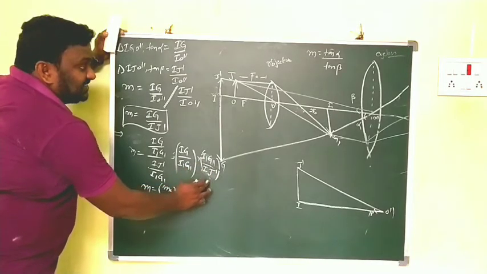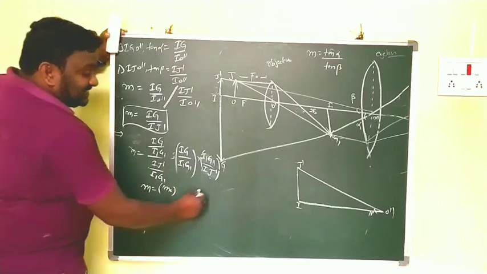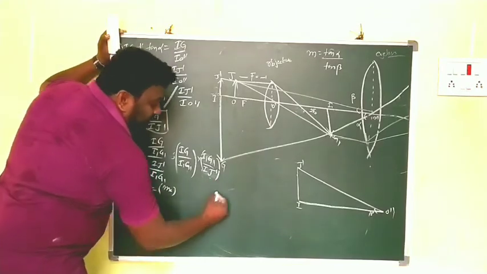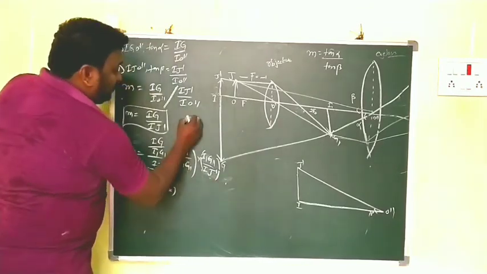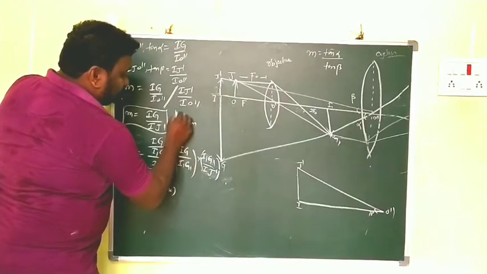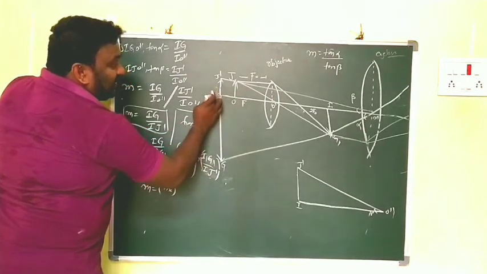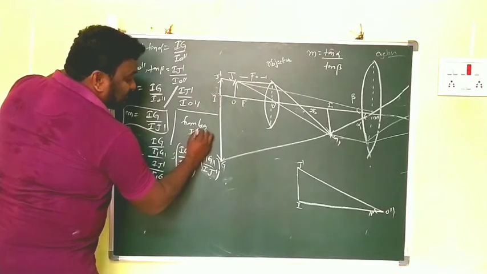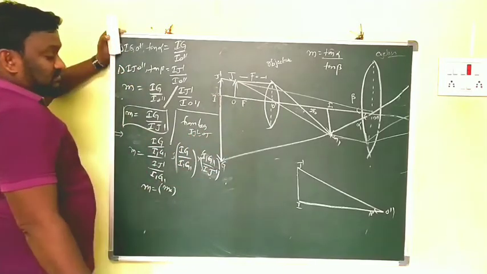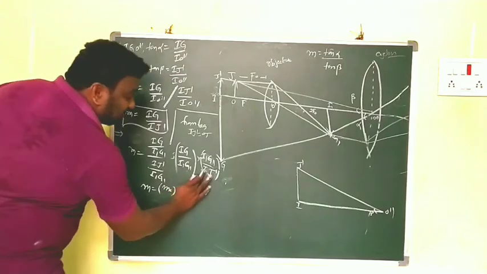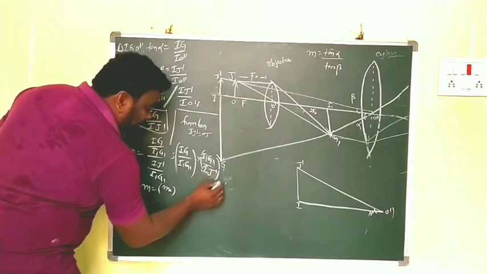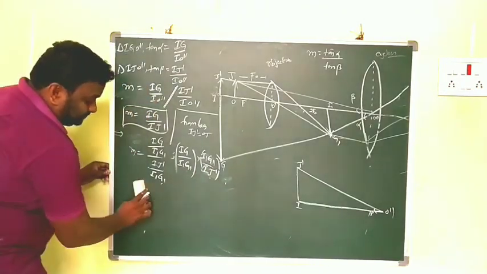So here I am writing I1 Z1 by I Z dash. Here I Z dash is nothing but, from the figure, O J is placed at this location. That's why I Z dash is equals to O J. Just wait, I'm writing again.